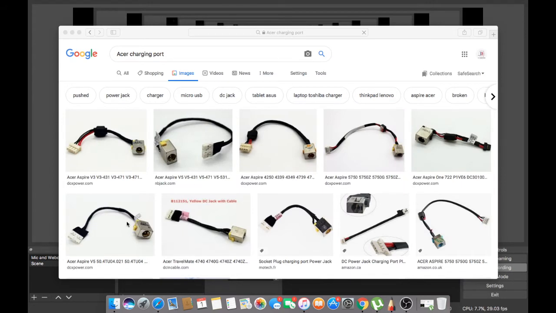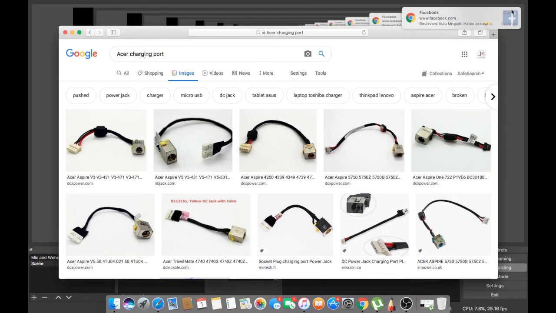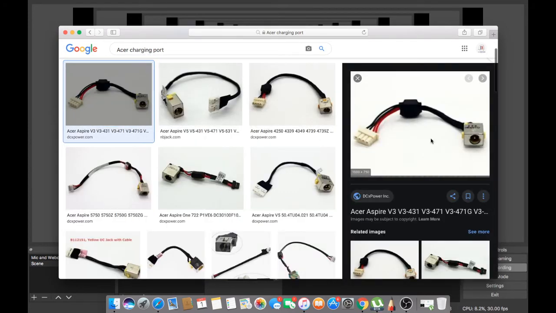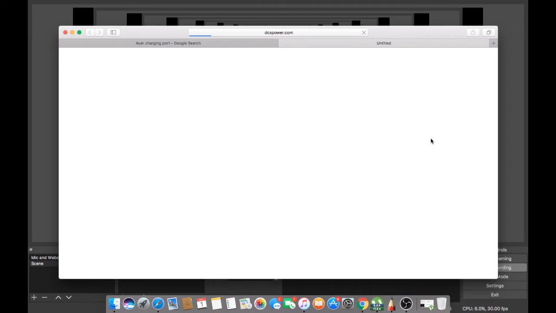As you can see, this is the charging port. Okay, let me open one picture to show you everything.